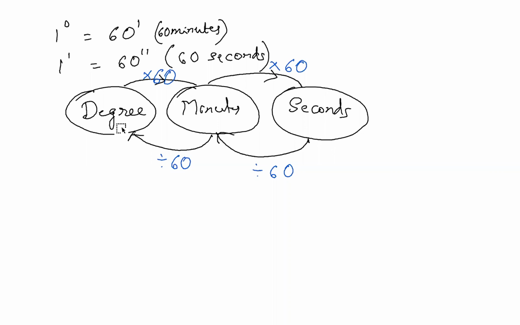Next is radian measure. So please write the next definition, radian measure. This is the second measurement, a new one which we are going to study in class 11.